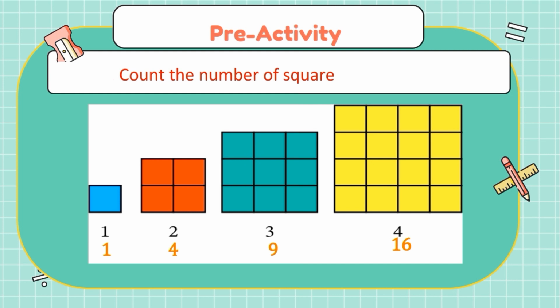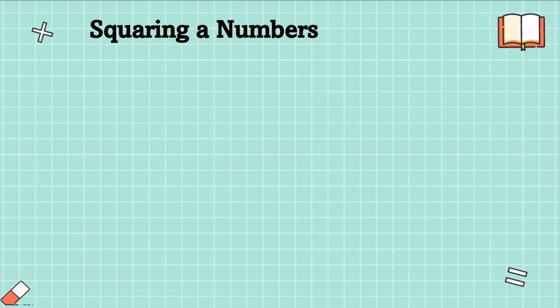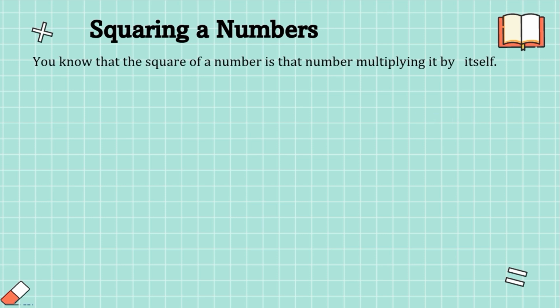Now that we have our mind focused on squares, let's move on to our main topic, square roots. But before we delve into that, let's quickly review squaring a number. Squaring a number, you know that the square of a number is that number multiplied by itself.